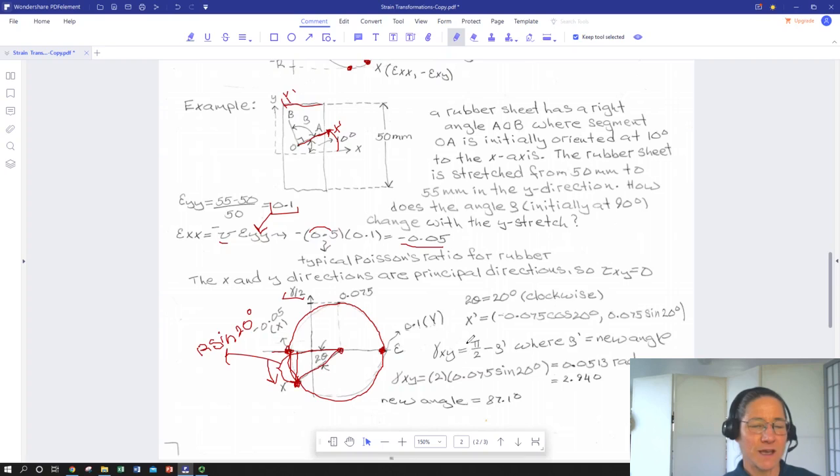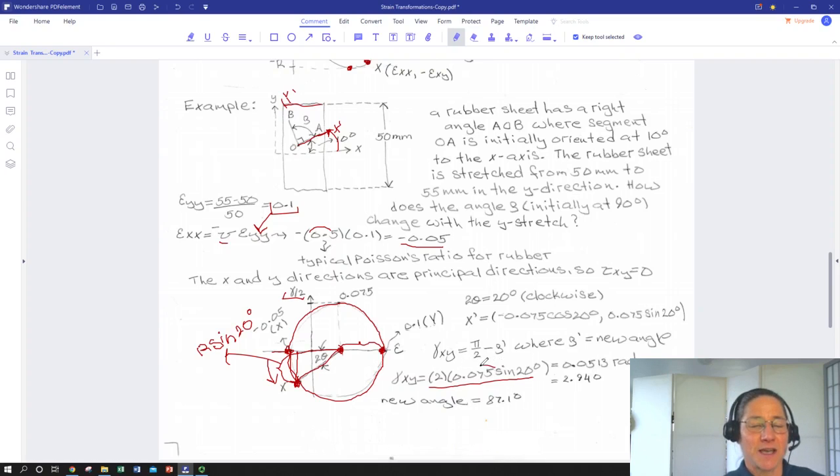So I'll use my Mohr circle construct to get r. So I'll just do 0.1 minus negative 0.05, divided by 2 to get my r, and work through, multiply by sine 20, and then multiply by 2 to go from my tensor shear to my engineering shear.